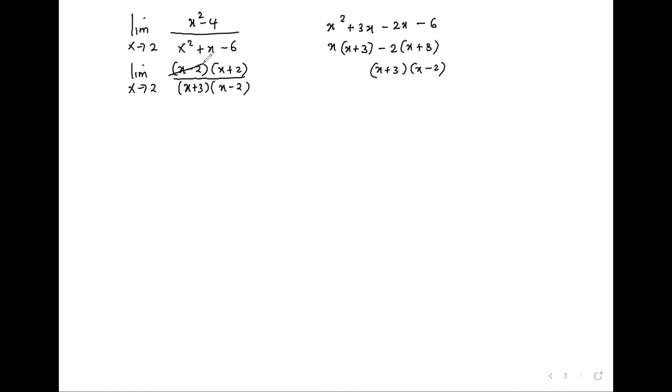So we have this and that cancelled. So we get the limit as x goes to 2 of x plus 2 over x plus 3, which is 4 over 5.